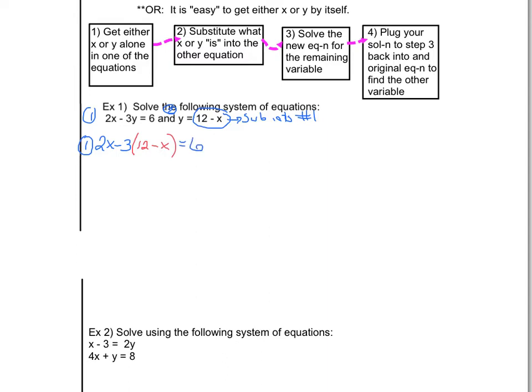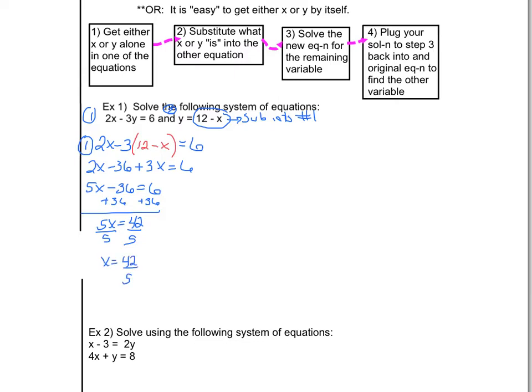Okay, well, I'll first distribute. I'll combine like terms. I'll get rid of anything not attached to the variable. And then I'll divide to get rid of multiply, giving me x equals 42 over 5.